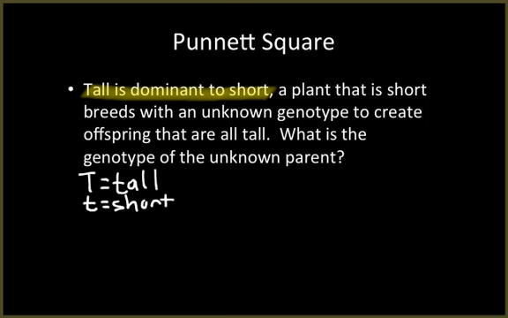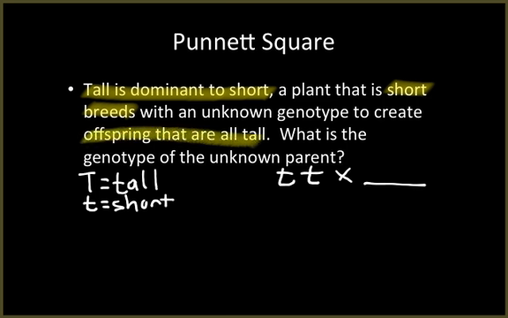A plant that is short breeds with an unknown genotype to create offspring that are all tall. So we know we've got a short plant. So we know that one of our parents must be little t, little t. But the other parent is unknown. What we do know is that all of our offspring are tall.